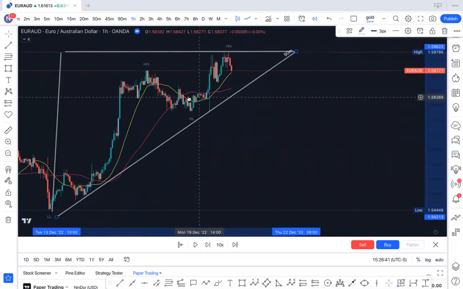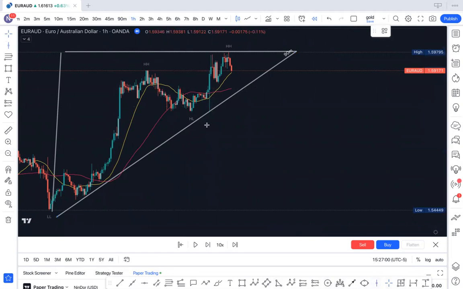All right. So right here is where we'll start to formulate our impetus level. Right where the 20 crosses below the 50 and then back up, it crosses the 50 again. So let's go ahead and identify where this cross happens.